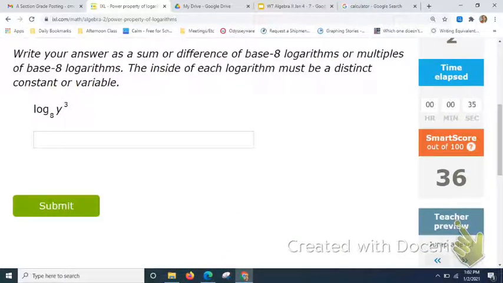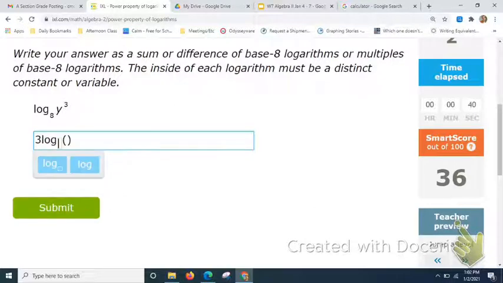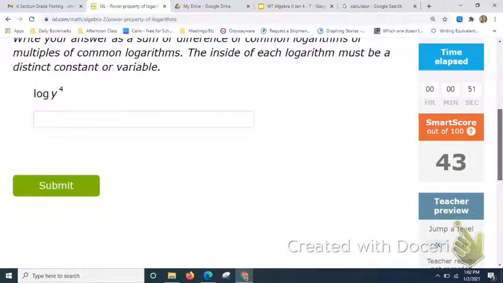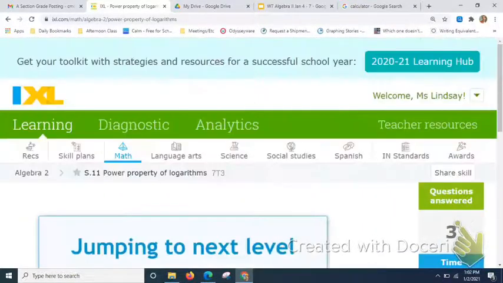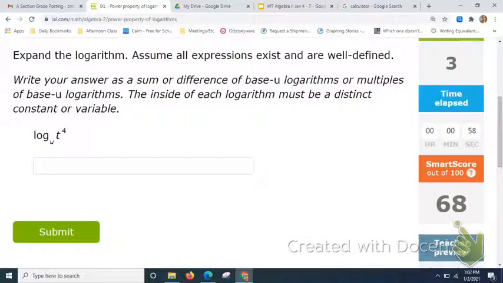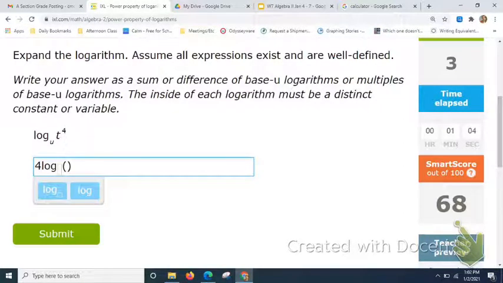Just happen to have one here with a base. So pay attention for bases when they change from being common logs. Base is staying the same. The 3 came out front, and then my y. Goes back to just the common log. That base could be a variable instead. So 4 log base u and then T.